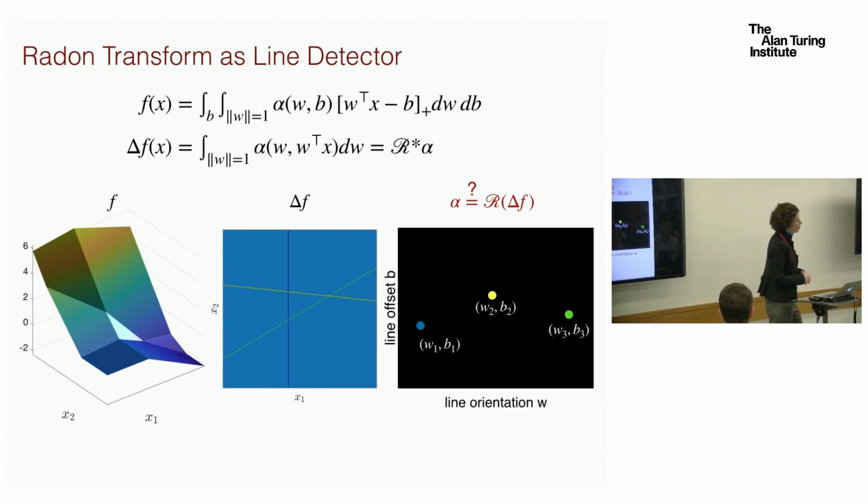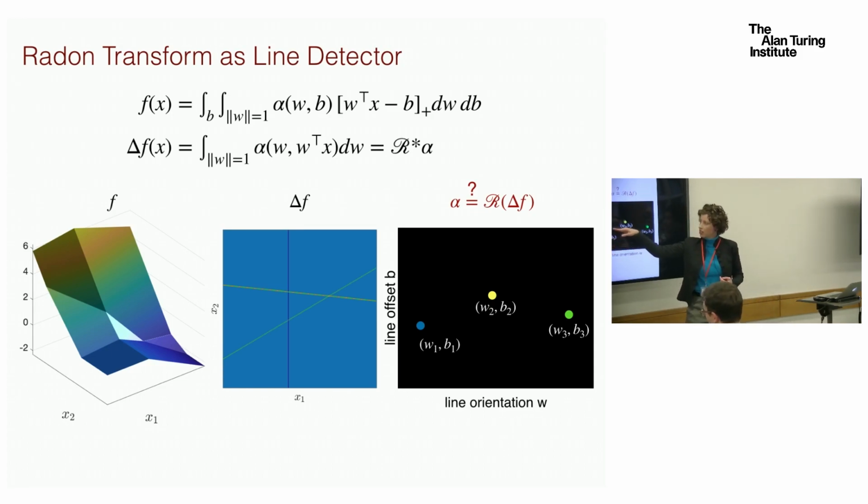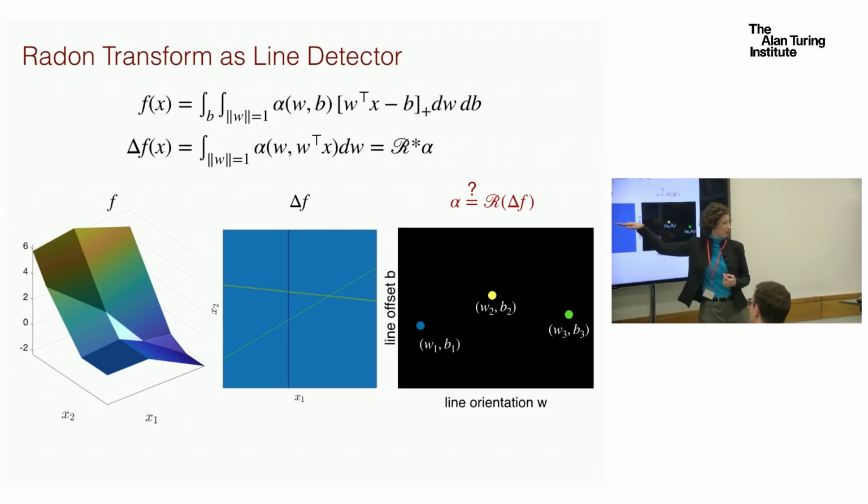I've got, for instance, a function on the left that is a weighted sum of ReLU units, and then I look at its Laplacian. If I think about taking this Laplacian and computing the Radon transform, you could imagine that every time I'm doing a line integral through this Laplacian image, and the line integral is lined up with one of these Laplacian lines, then I'm going to get a big spike.